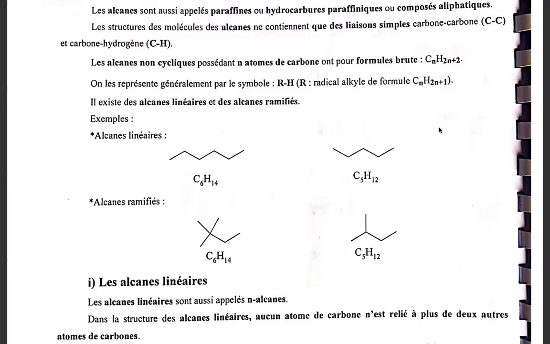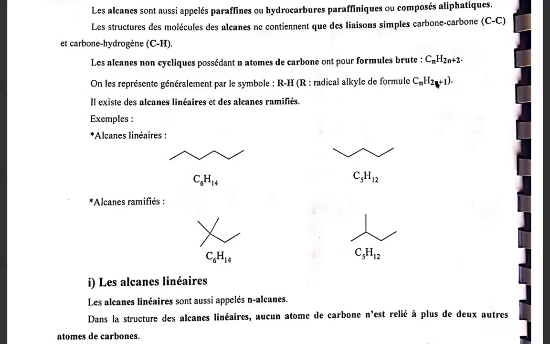A radical alkyl is an alkane with one hydrogen atom less, which you can see from this formula here. You have CnH2n+1. In other words, one hydrogen atom less, so it's CnH2n+2 minus 1. So this gives this formula.